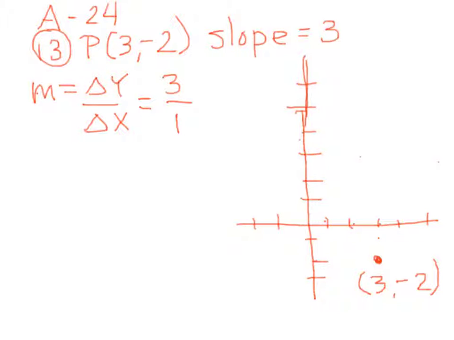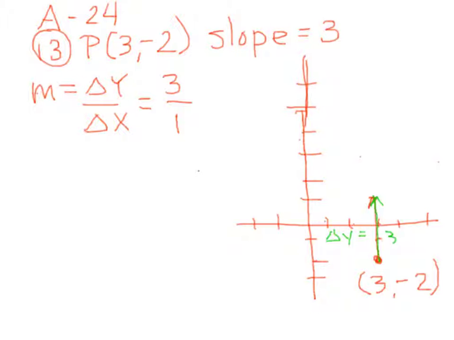So, from this point here, I'm going to go up 1, 2, 3. So, this is right there. Here, let me get a different color. Let's make that green. So, there is my change in y, which we said was equal to 3.